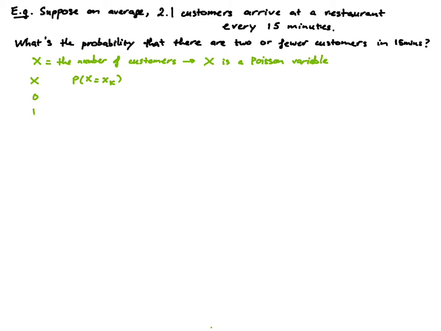There could be one person who shows up. We could have 2 people, 3 people, 4 people, and so on and so forth, right? So the table goes on forever. And associated with each of these numbers is a probability. Okay.